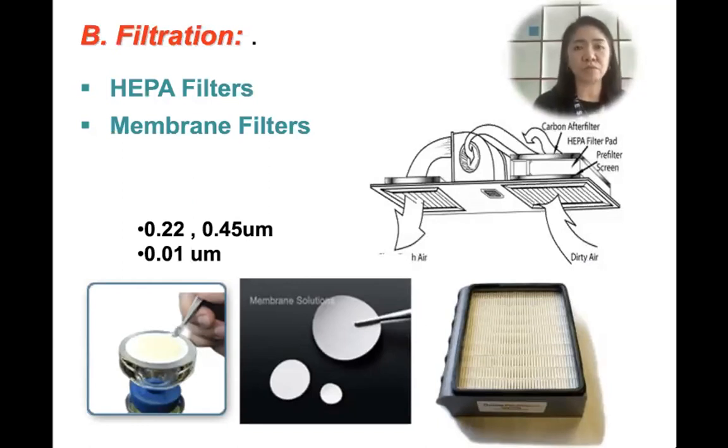So your HEPA filters will filter incoming air, and then ibabalik niya rin yun, pero malinis na, nafi-filter na lang yung infectious or contaminated air. We also have membrane filters like this na pwede nating gamitin sa ating pagsala ng mga, say, urine or blood samples na merong may mga parasites or large bacteria or even large viruses can be filtered.